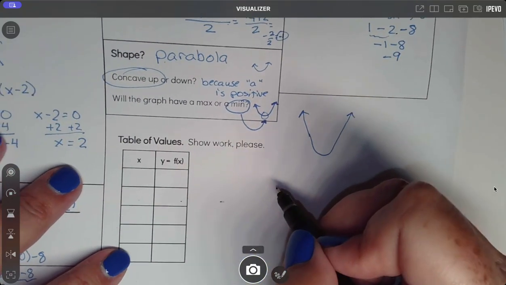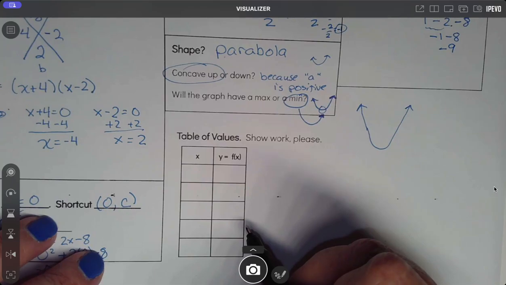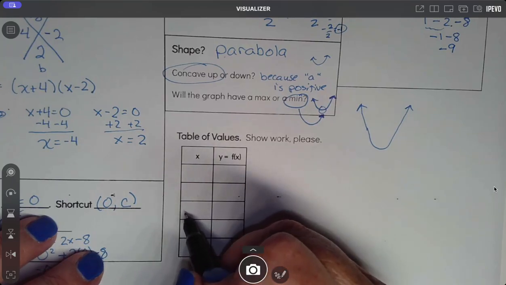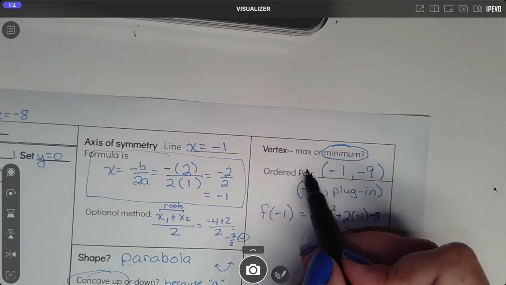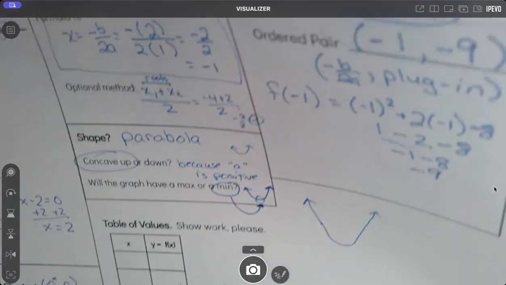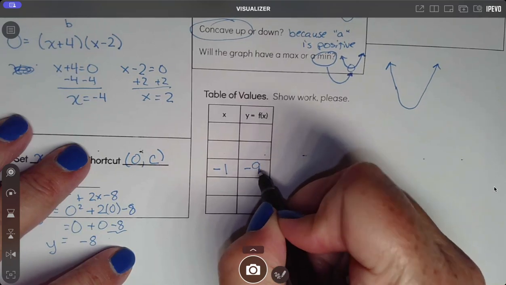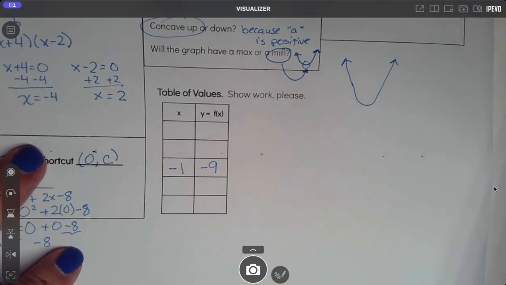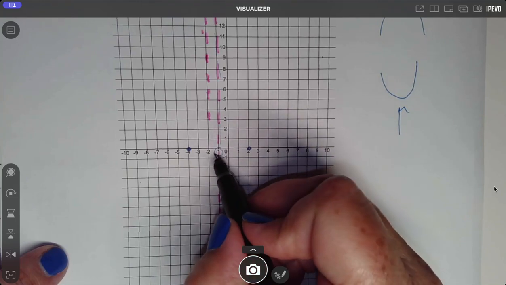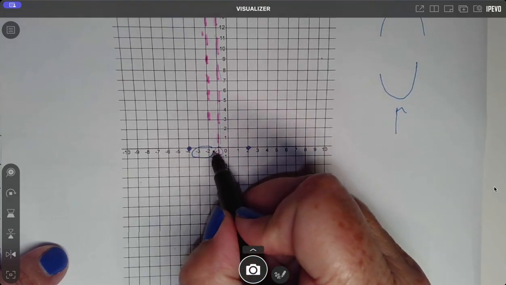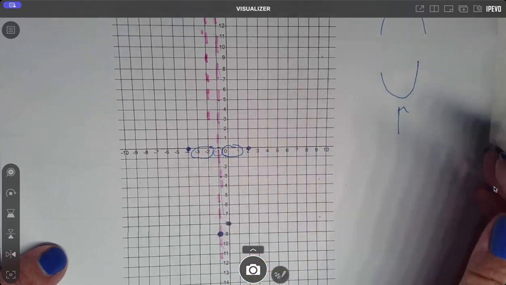Okay, wow, table of values. Last thing. When we're going to create a table of values for a quadratic and we know the vertex, then we put the vertex in the middle of the table of values. We know our vertex is -1, -9, so in our table of values, we're going to start with -1, -9. We already have that point. Then what other points are we going to put in? Well, we're going to put the 2 points that come before -1 and the 2 points that come to the right of -1.